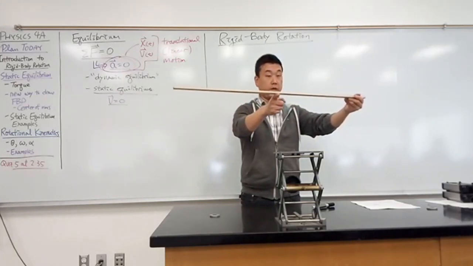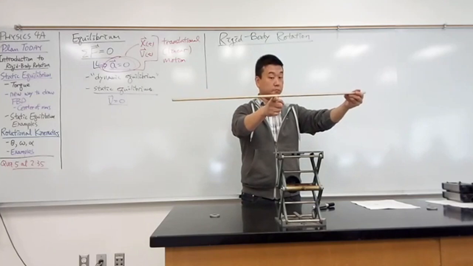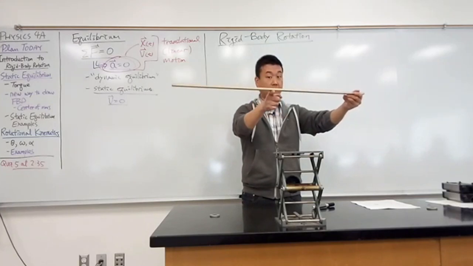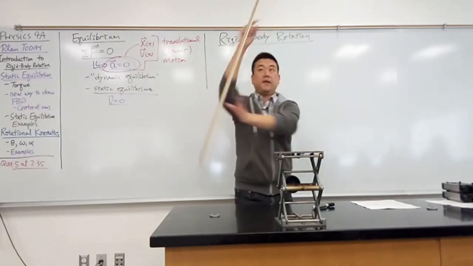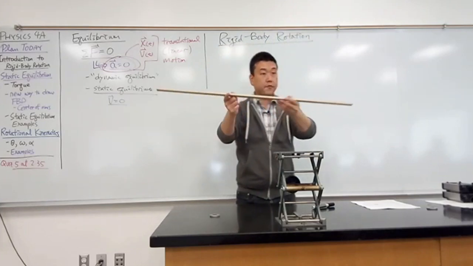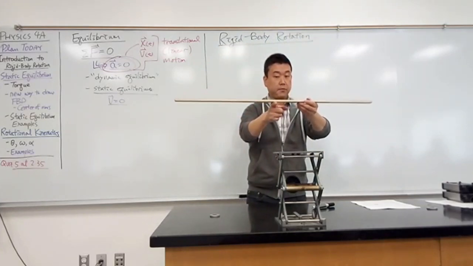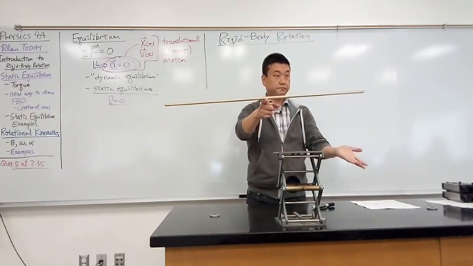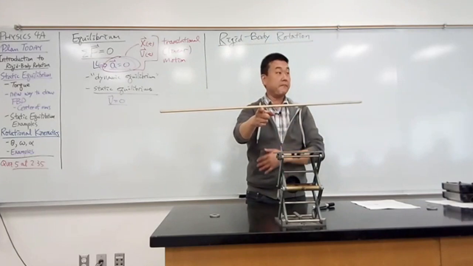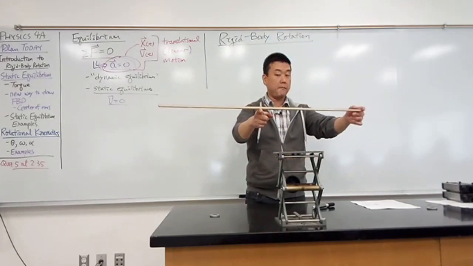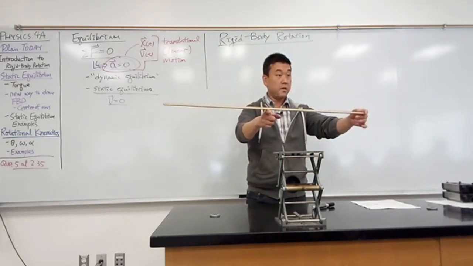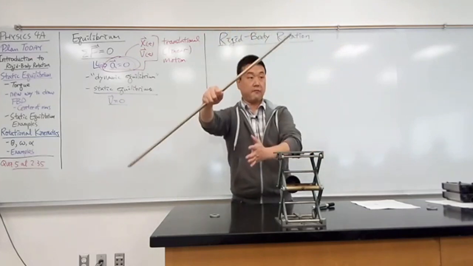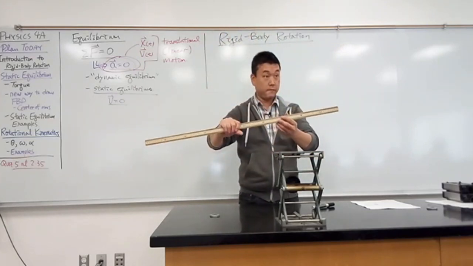Because when I try to support it here and let go, even though I'm going to provide as much force as possible from my finger, there's no way I can keep this at rest. I have to put this at the exact right position to make it stay at rest. If I'm applying force at the wrong position, there's nothing I can do to keep this at rest short of moving my hand over.